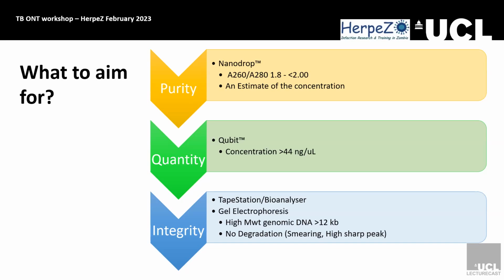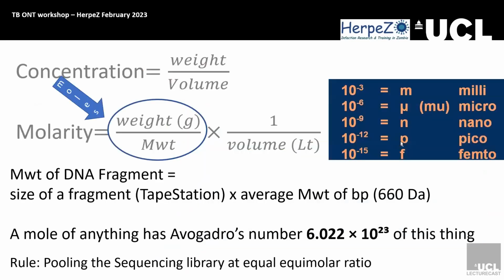So this is just looking at calculating the molarity of your DNA. This is when we're pooling the DNA, in the later steps of putting it onto the gel.